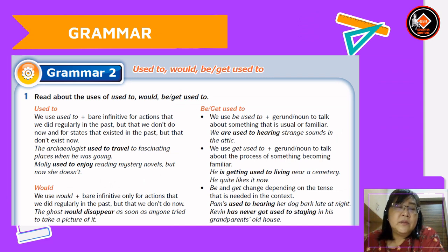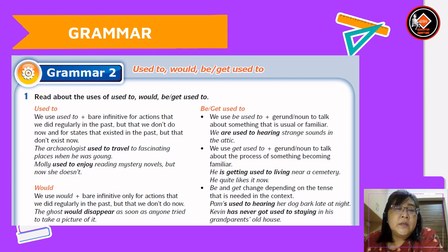Now for grammar, we are learning used to, would, be, or get used to. Read about the uses of used to, would, be, get used to. Now let's look at the first one, used to.